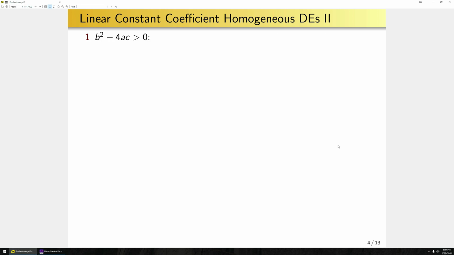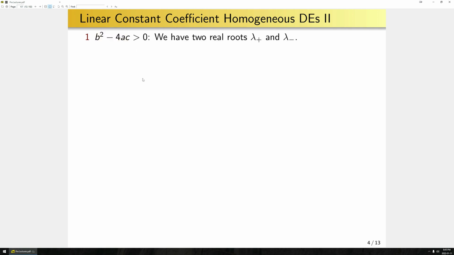For the first case, we're going to assume that this thing is greater than zero. If this is greater than zero, what do we know about the roots of this polynomial? Well, from the quadratic equation, we have negative b plus or minus the square root of this thing all over 2a. So if this thing's greater than zero, that square root is going to be greater than zero when I evaluate it out.